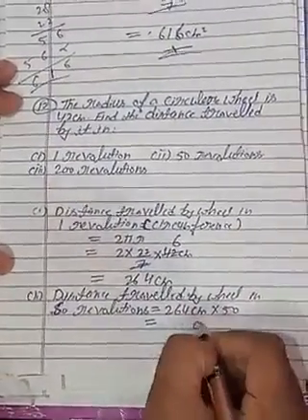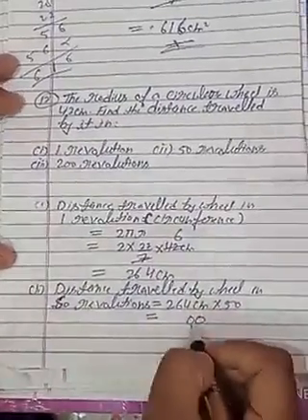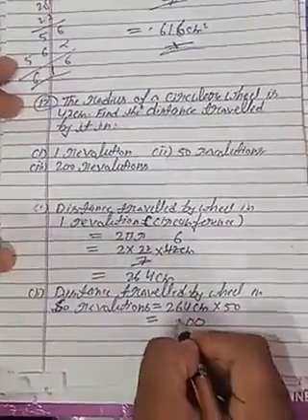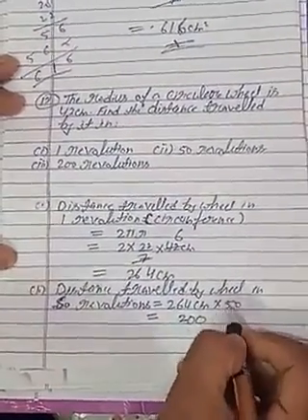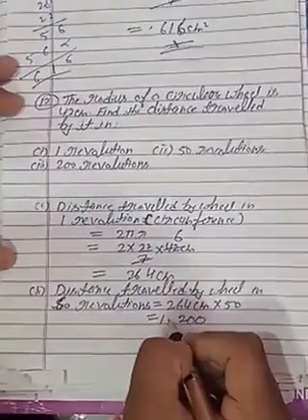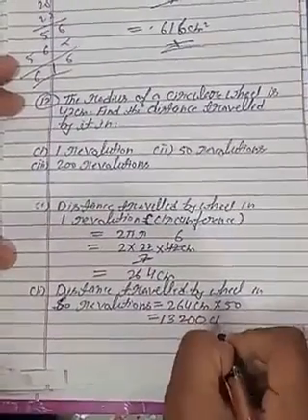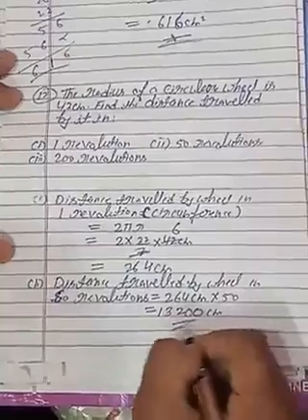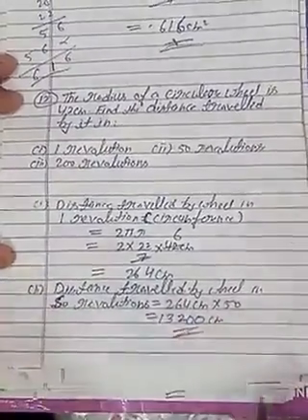So students, we can find this. 5 4 the 20, 0, then 5 6 the 30 and 2 32, then 3 carry 5 2 the 10 and 3 13. So 13,200 centimeter is the distance traveled by wheel in 50 revolutions.